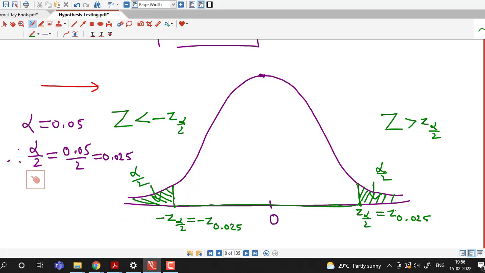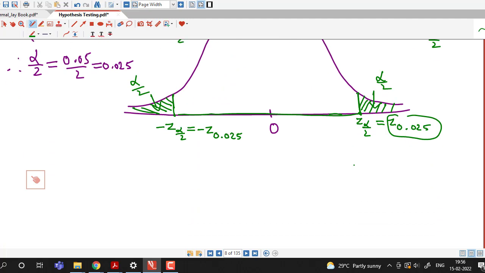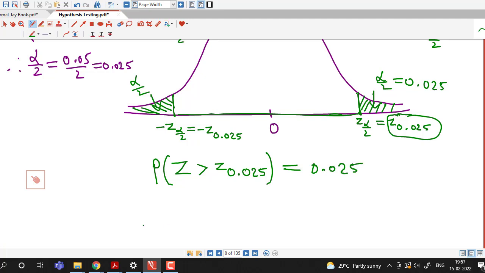So first we will decide this value Z suffix 0.025. Sometimes you will be given this value in the question itself. If it is not given, then you can use this logic. We know that the probability that Z is bigger than Z alpha by 2 is equal to this area, which is alpha by 2, that is 0.025.